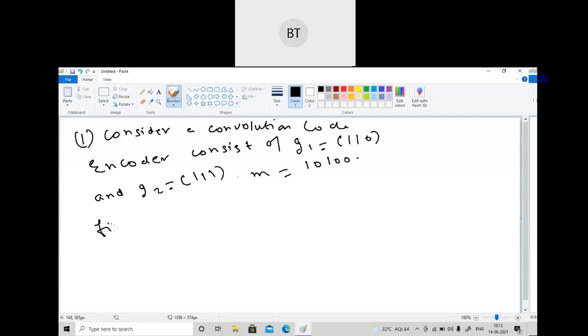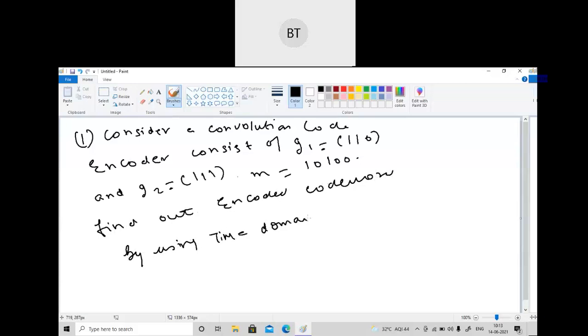They are asking you to find the encoded code word by using the time domain method.